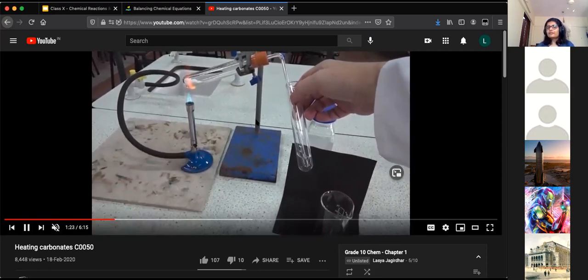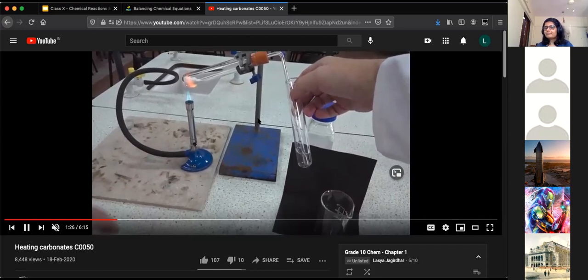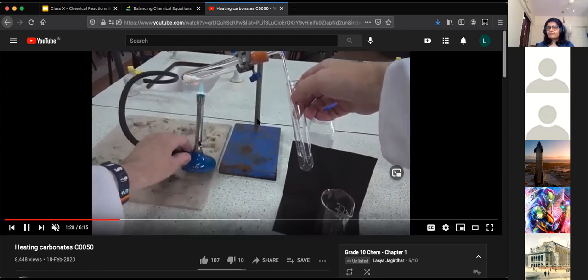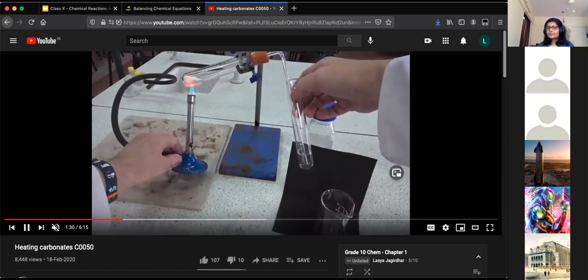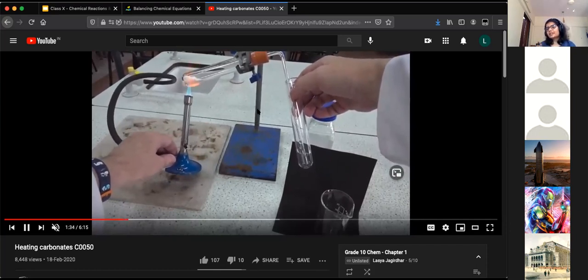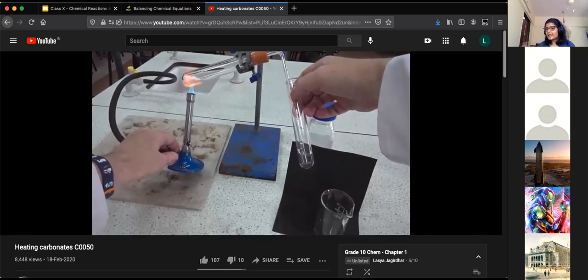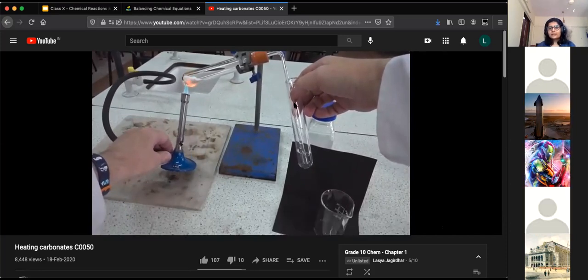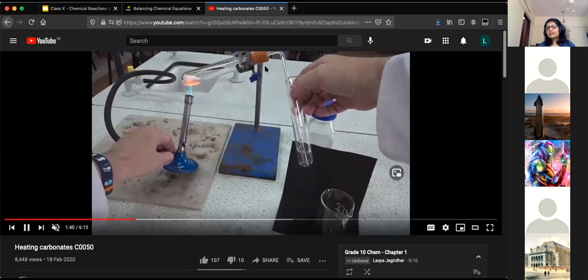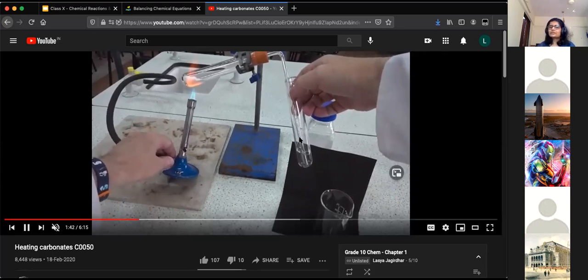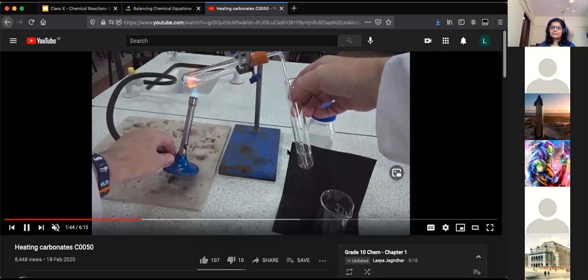What is the test for carbon dioxide? It turns lime water milky. Effervescence will just tell you that it's a gas. We don't know what gas it is. But carbon dioxide is special in that it turns lime water milky. So that shows that it is carbon dioxide.